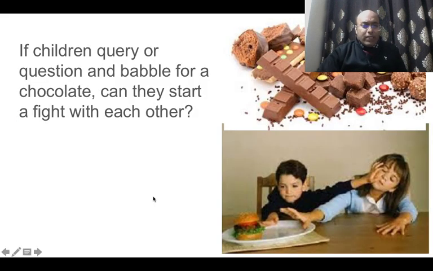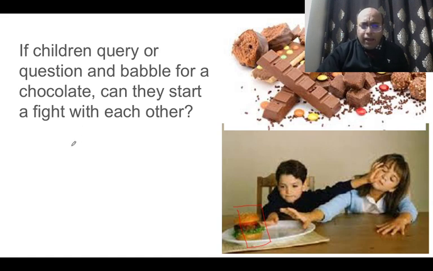Moving further, what we see is that there are children who are fighting, and here they are fighting for a burger, right? And they may fight for chocolates as well. So, it says that if children query or question and babble for a chocolate, can they start a fight with each other?